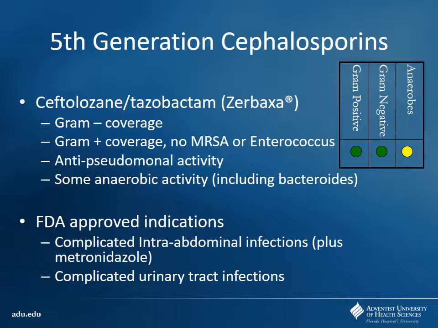But if they fail therapy with that, then obviously whatever I was trying to cover wasn't being killed by that. So I now need to step up my game, and you could consider that a complicated UTI at that point. There's probably some other indications, but I don't know off the top of my head.